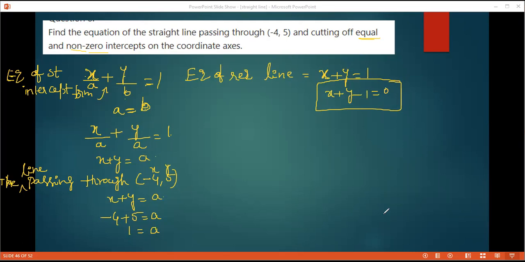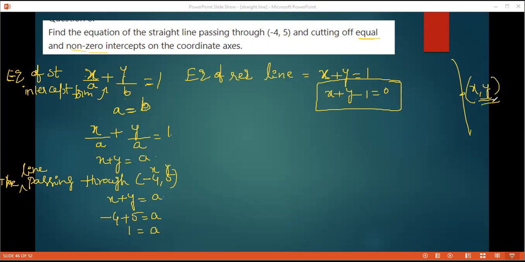So whenever they give intercepts, you go for the intercept form of a line. And passing through a point means that the point has to satisfy the given equation. If a line has a point (x, y), what is the meaning of that?